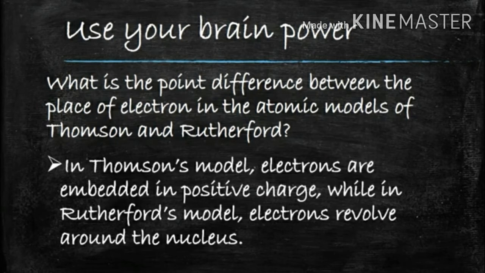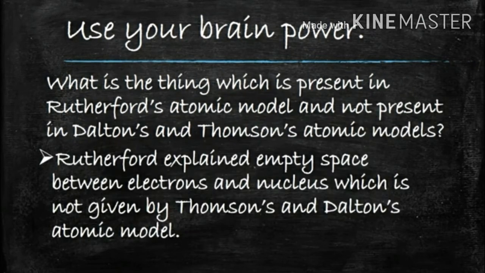In Thomson's model, electrons are embedded in positive charge, while in Rutherford's model, electrons revolve around the nucleus. What is the thing which is present in Rutherford's atomic model and not present in Dalton's and Thomson's atomic model? Rutherford explained empty space between electrons and nucleus, which is not given by Thomson's and Dalton's atomic model.